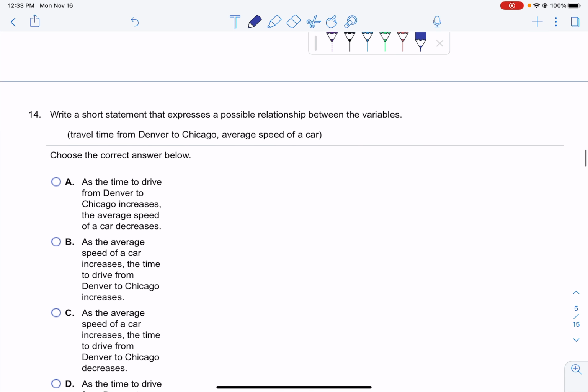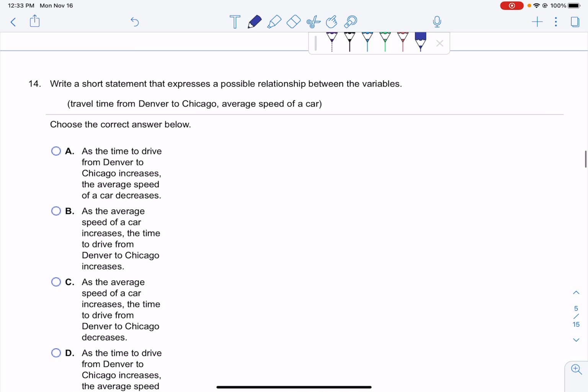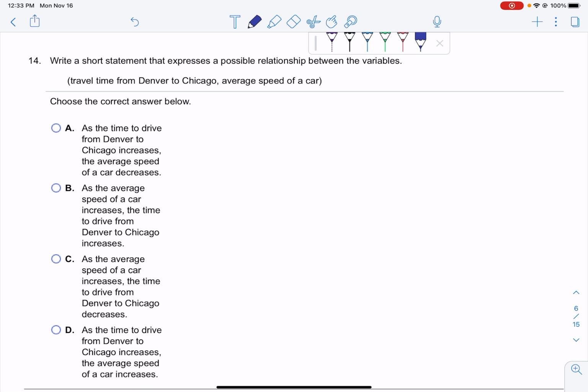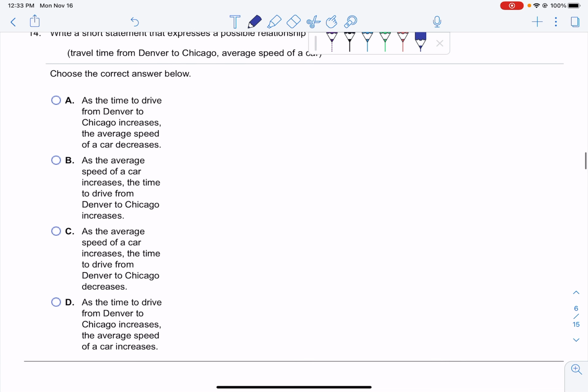Okay, 14. Write a short statement that expresses a possible relationship between the variables. Travel time from Denver to Chicago, average speed of the car. So how does this express? Well, as the time to drive increases, the average speed decreases.